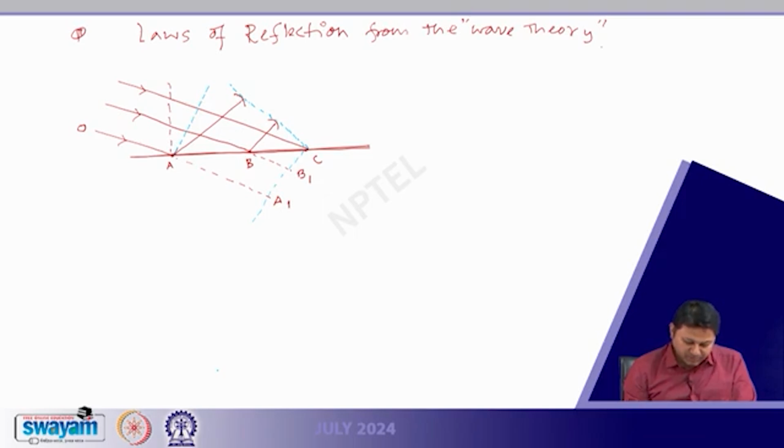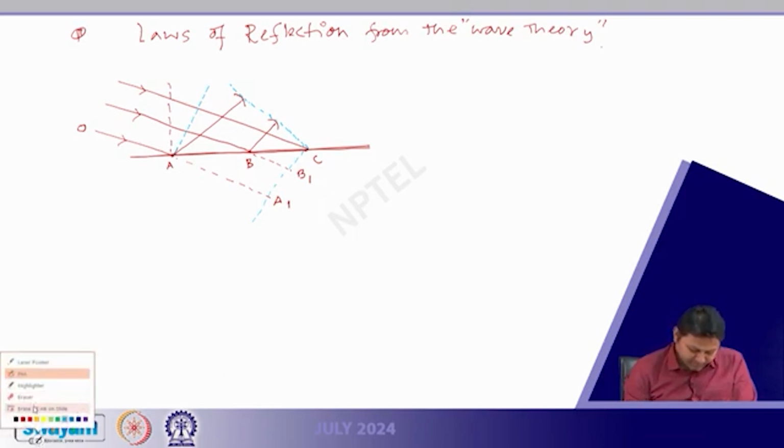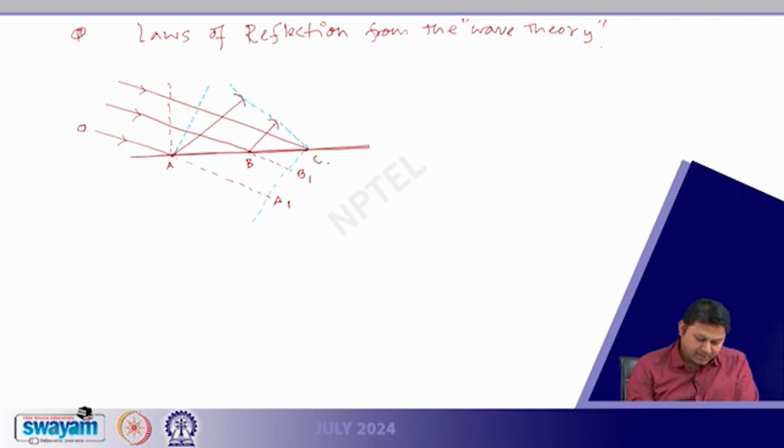So, now let us designate the names. So, this is A, B, this is A1, B1, C, and this point is C1.